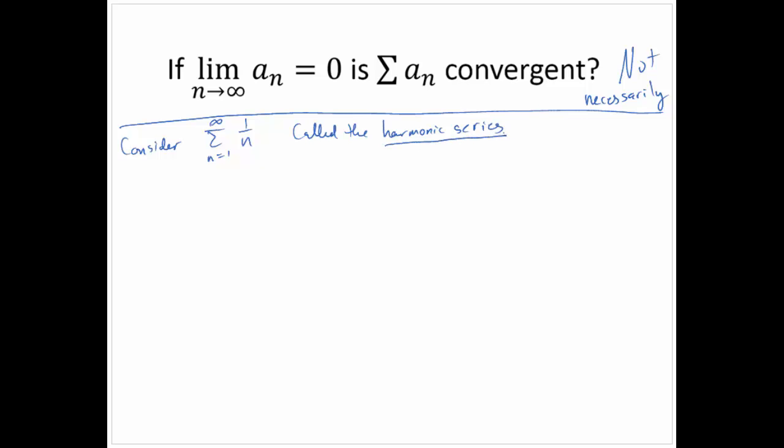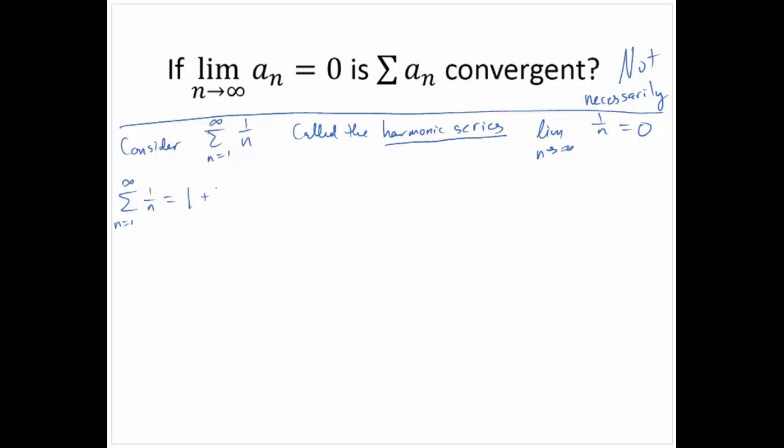So you should become familiar with that name, the harmonic series. And clearly, the limit as n approaches infinity of 1 over n is 0. But now let's consider this series, the sum from n equals 1 to infinity of 1 over n.